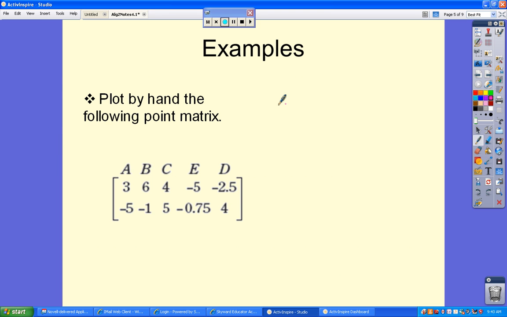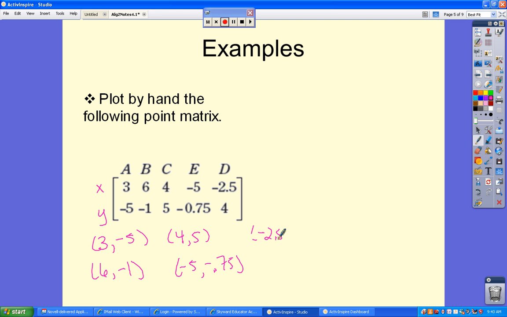Okay, this is a point matrix, and we are going to plot by hand this point matrix. Remember, X is on top, Y is on bottom. So basically, this is just representing the ordered pairs: 3, -5, 6, -1, 4, 5, -5, -0.75, and -2.5, 4.